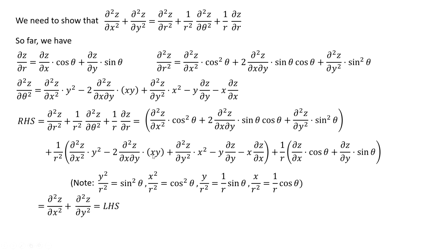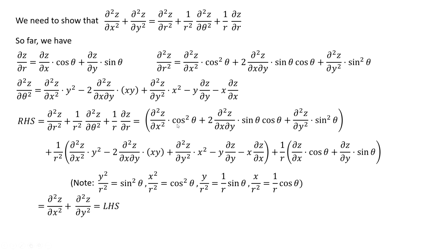Simple. Sorry about this. X is r cosine theta. Y is r sine theta. Right? Isn't this r square cosine theta sine theta? Am I not dividing by r square? R square over r square. So just give me cosine theta sine theta. So I have a sine theta cosine theta minus 2 second partial z with respect to xy. That and this cancel out. That's all I'm trying to say.